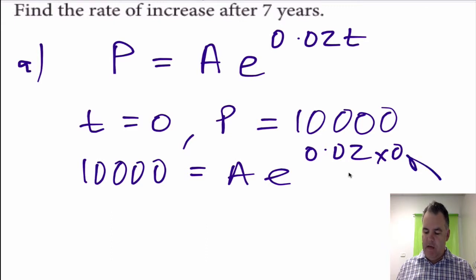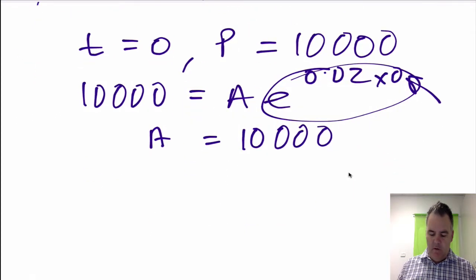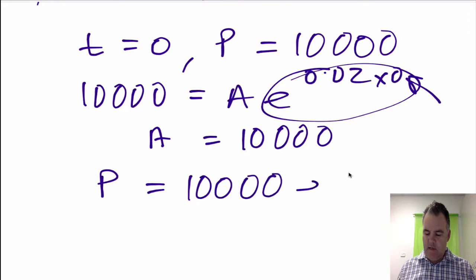So this is 0, and e to the power of 0, of course, is 1. So all of this is 1, and we get that A is 10,000. So P equals 10,000 e to the 0.02t.